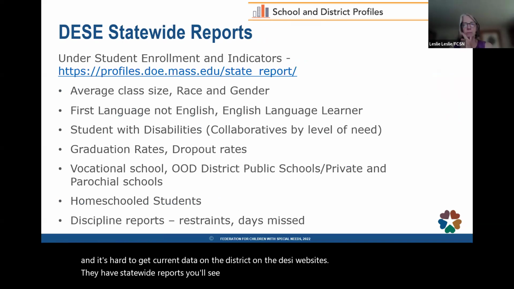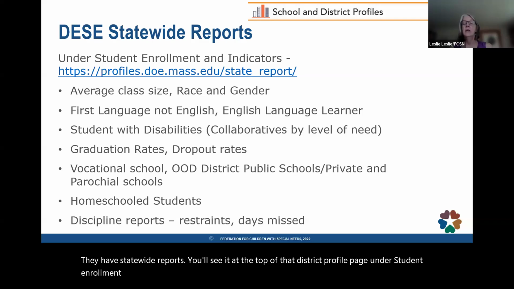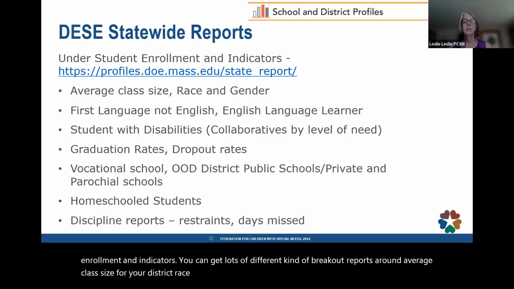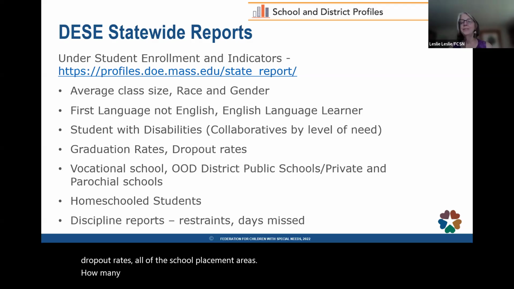You'll see it at the top of that district profile page, under student enrollment and indicators. You can get lots of different kinds of breakout reports around average class size for your district, race, gender, language, students with disabilities, graduation and dropout rates, all of the school placement areas, how many students are homeschooled, discipline reports, including restraints, maybe attendance, days missed.